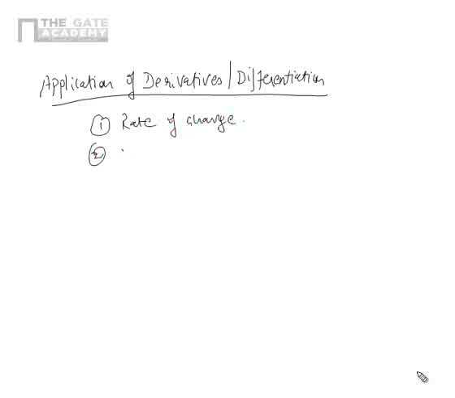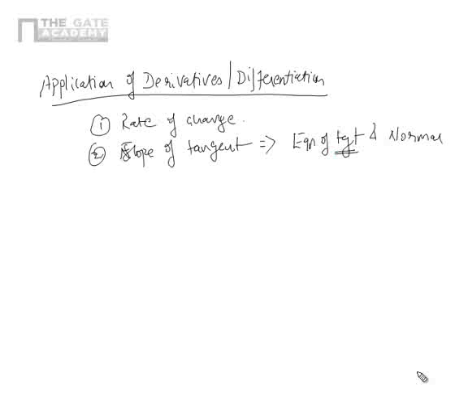Second was slope of tangent, and from this we were extrapolating to equation of tangent and normal. Tangent I am writing in short form here, TGT. Okay, equation of tangent and normal.